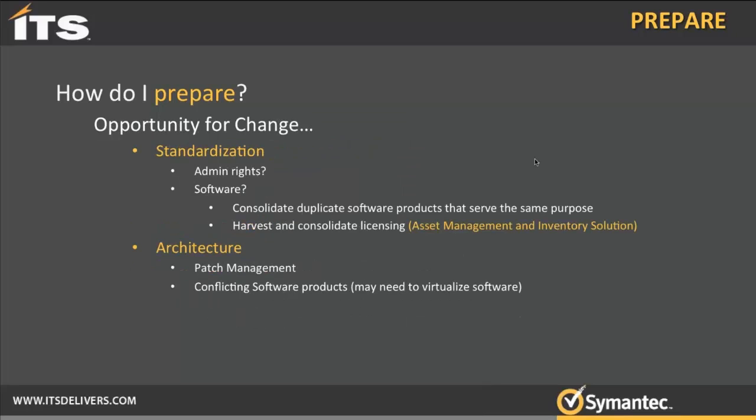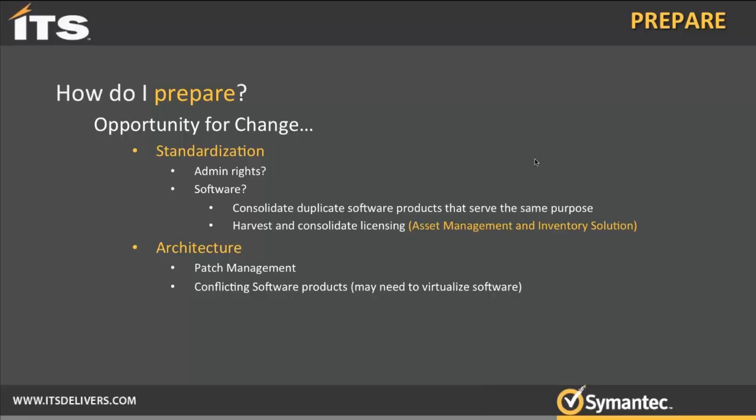During our preparation, we also want to look at other things, maybe some opportunities for change. Standardization. It's a great time during a migration process to determine that we need to make some standardization changes. The biggest one that we see moving from XP to Windows 7 is going to be admin rights.